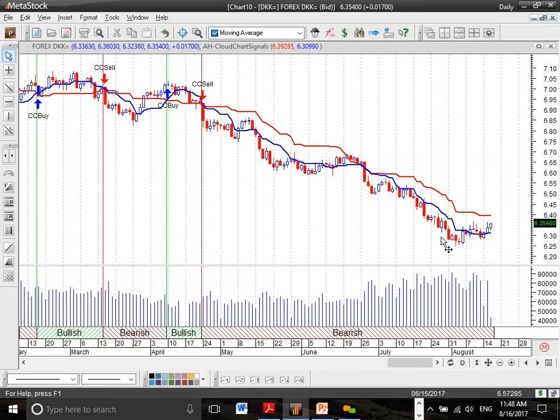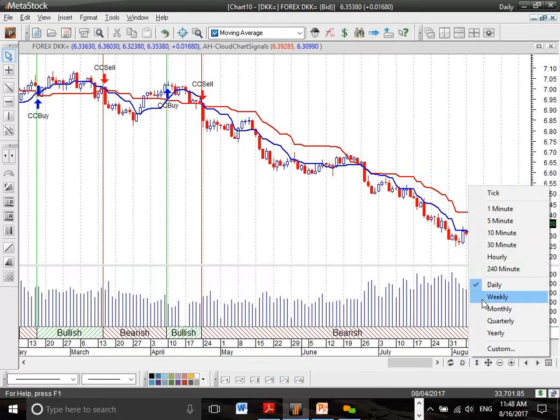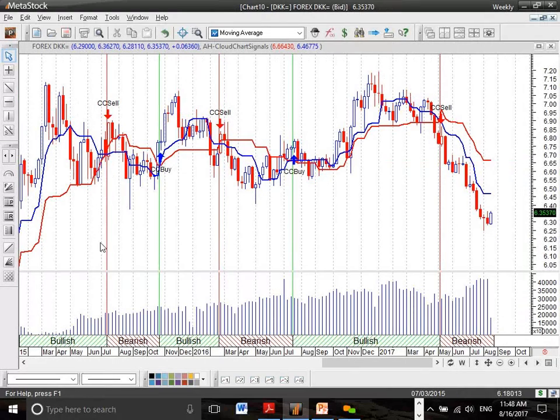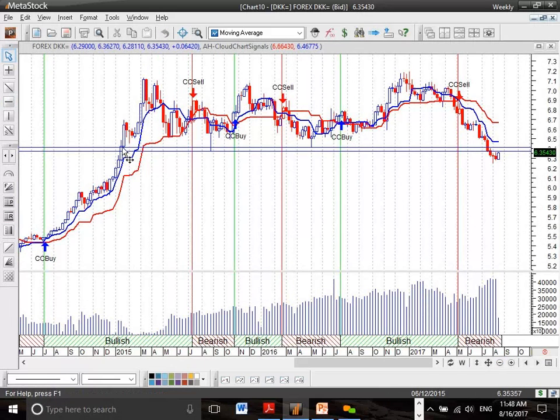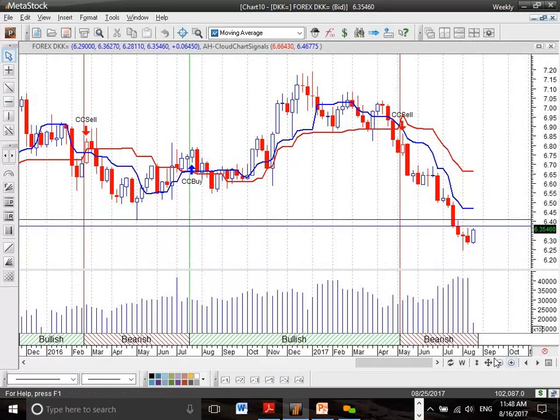Danish Kroner has been in free fall since the end of April. Nice little short position, worked out well there. Let's go and see where these support levels are on a weekly chart. So it is very close to, it's fighting desperately for support here at these levels. Zoom out a little bit. Yeah, so that's a significant support zone.